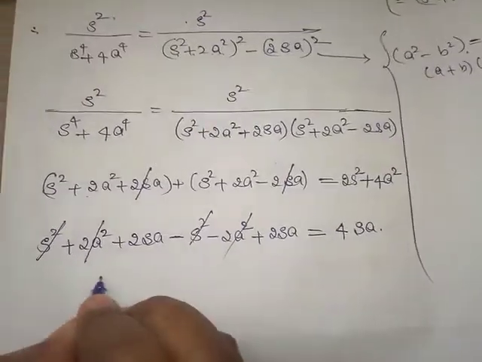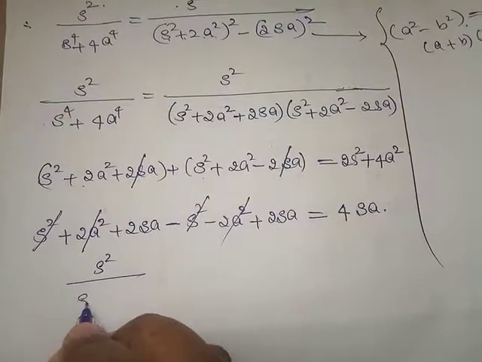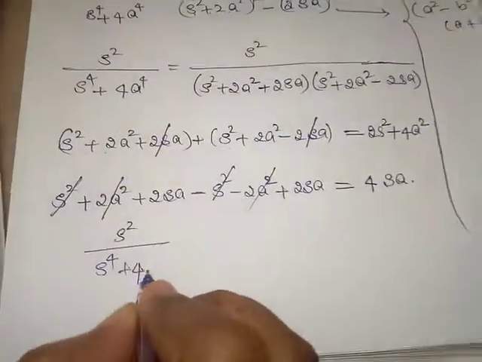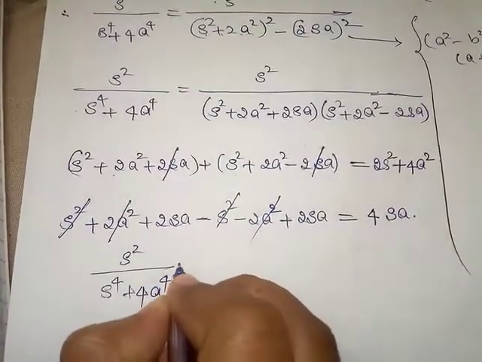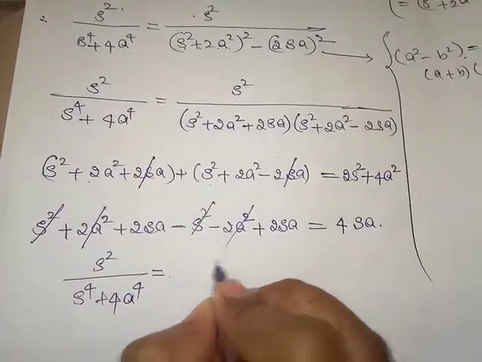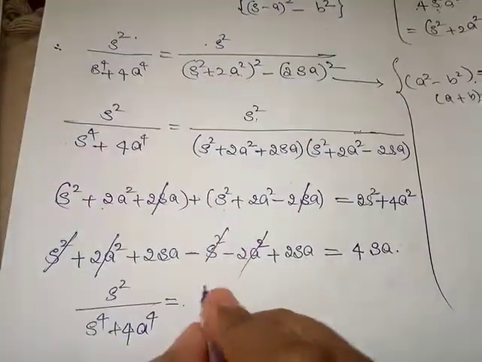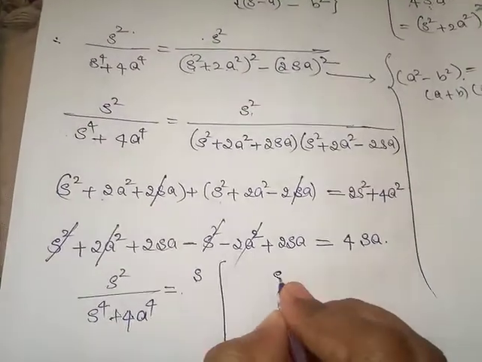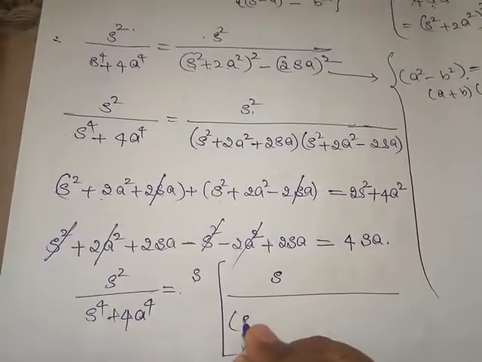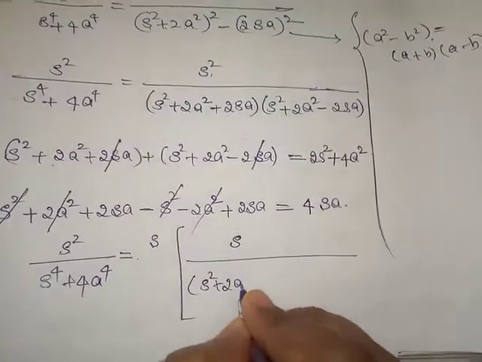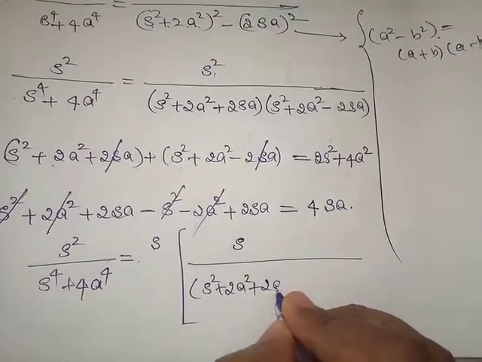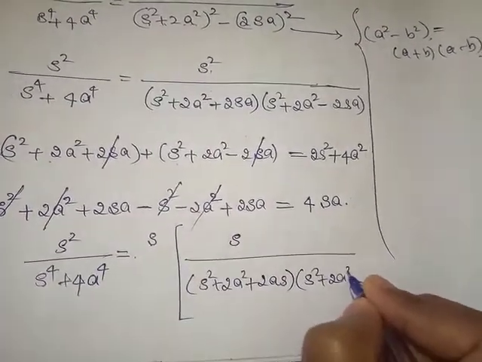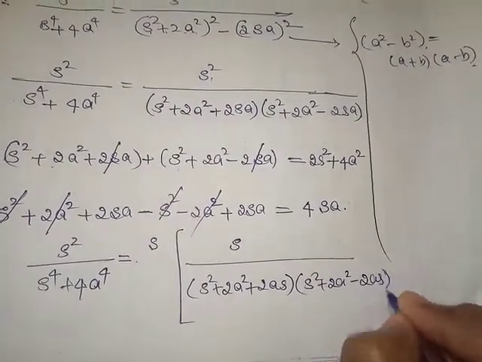Otherwise you can also write it as s² divided by s⁴ + 4a⁴ is equal to, in this s² I will take one s outside, divided by (s² + 2a² + 2as)(s² + 2a² − 2as).